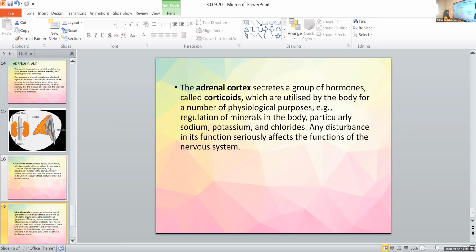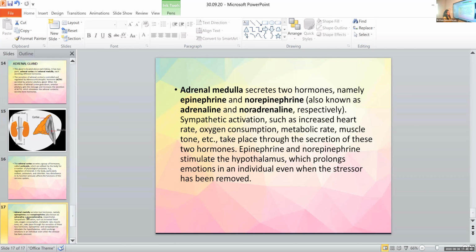Then we have the inner core, the adrenal medulla. For the adrenal medulla, you might have heard about the secretions, adrenaline and noradrenaline. We studied adrenaline last day. In what responses did we study it? Anybody remembers?